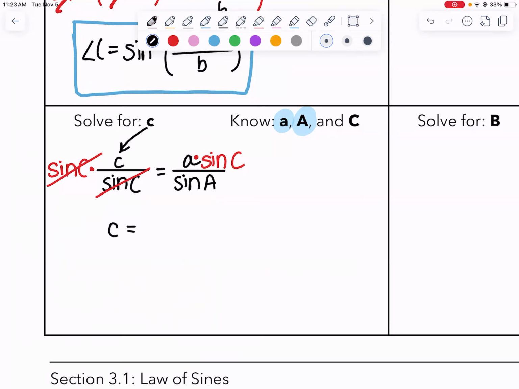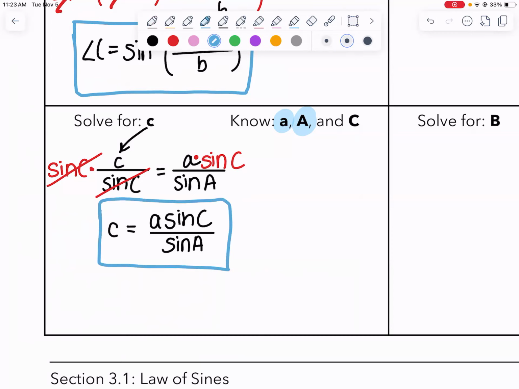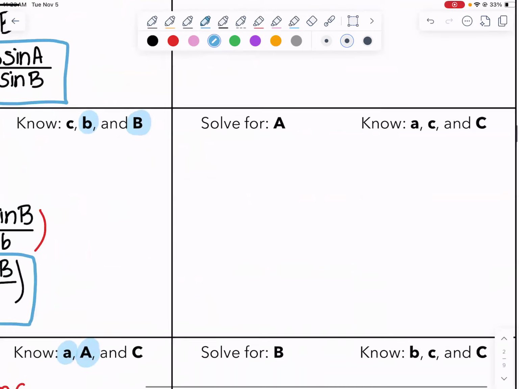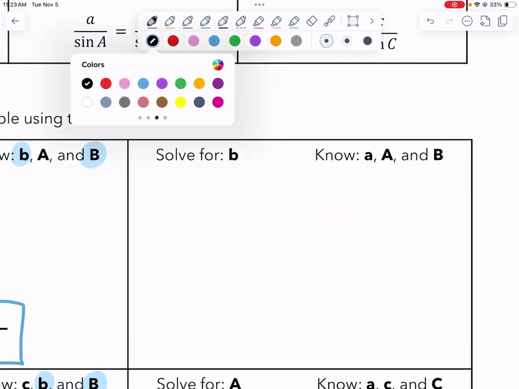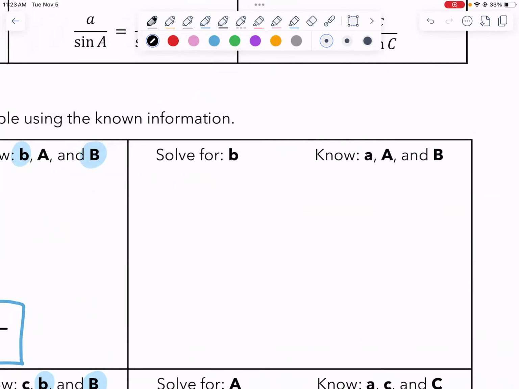You get that baby C is equal to A sine of angle C over sine A. You want this to become really just kind of automatic math where you don't even have to write it down. The goal is to not have to write it down or to write down the most minimal amount of information possible.